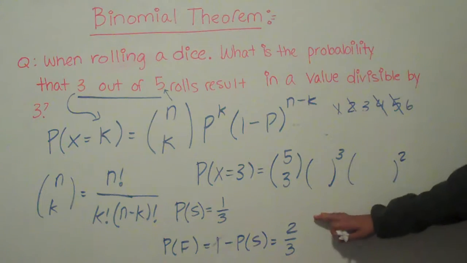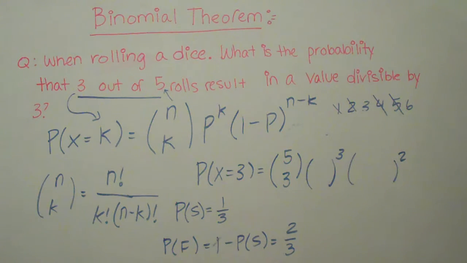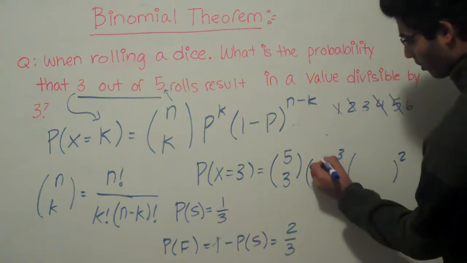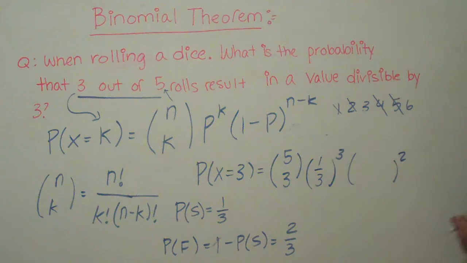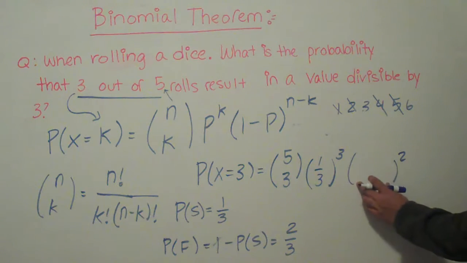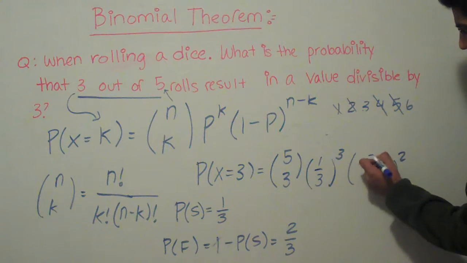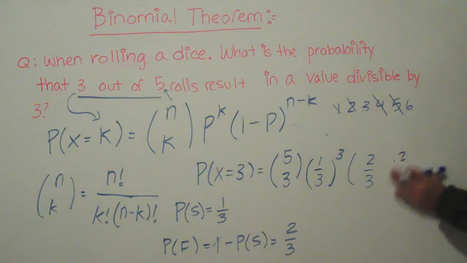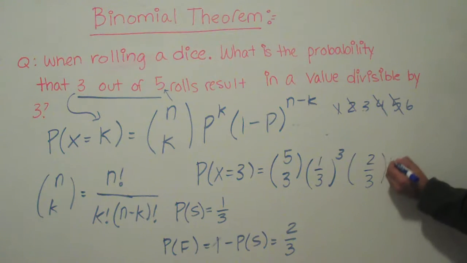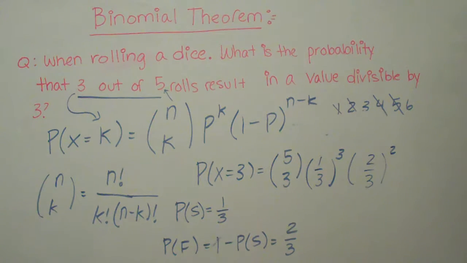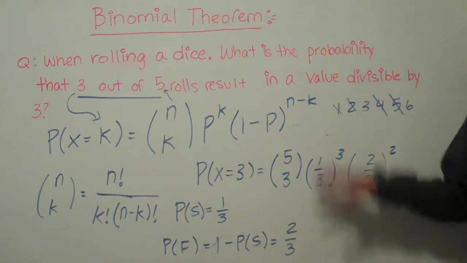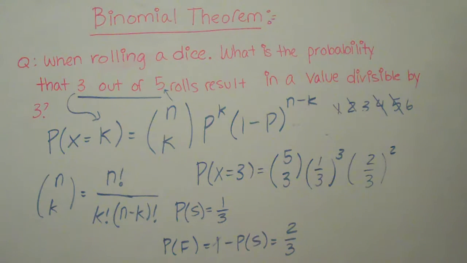Okay, take a moment to copy this down in your notes because it will soon be erased. The probability of a success is 1/3. We'll write that over here. The probability of a failure, which goes here, is 2/3, so 2/3 squared. Now take a moment to copy all this down because we're running out of space.